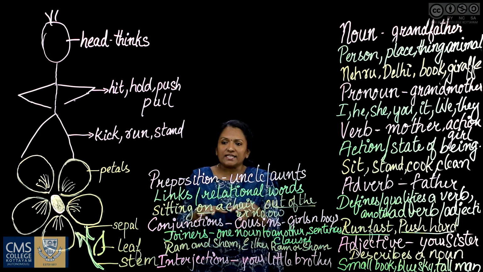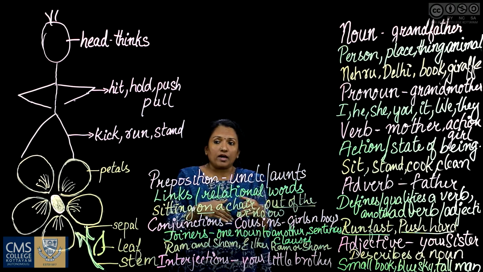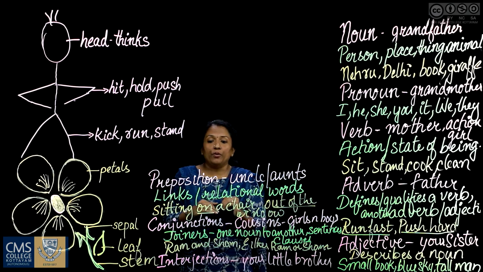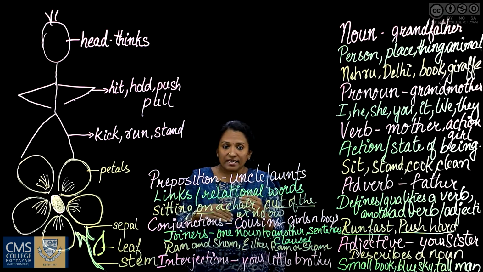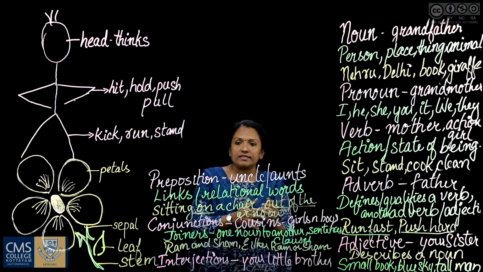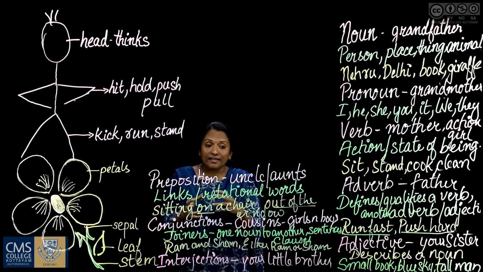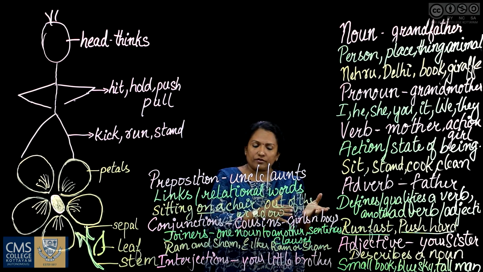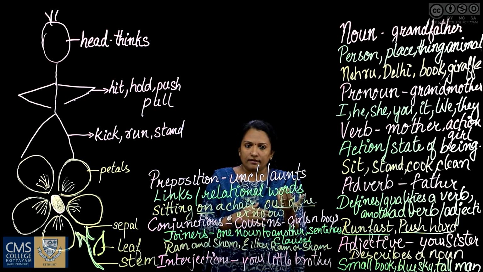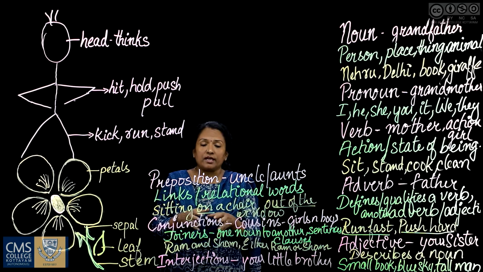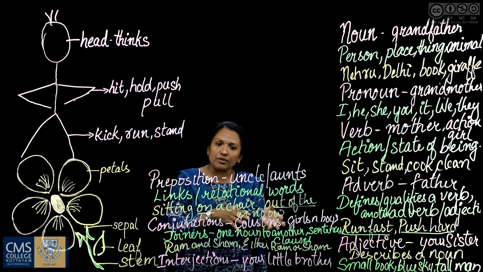So these words like on, off, about, in, under are words which show the relation between the nouns and the other words of the sentence. In the sentence, the cat jumped out of the window, out of will be the preposition because it establishes a relation between the cat and the window.